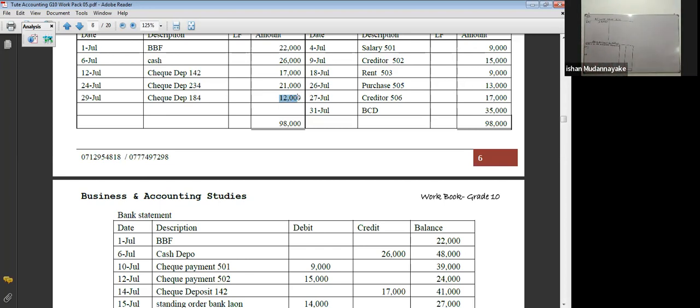We have to record the unrealized check, 12,000, in the bank statement.